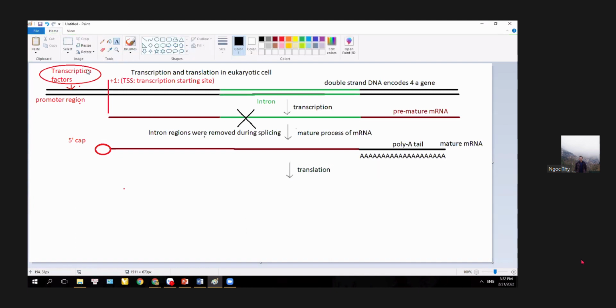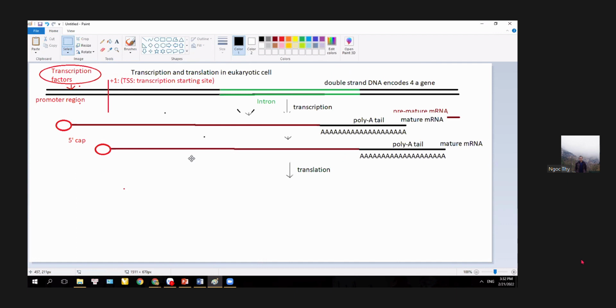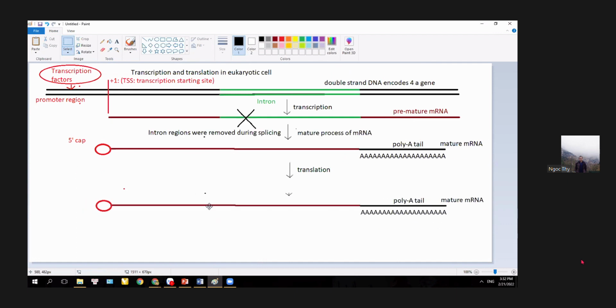So that means the position +1 will be maintained in order here.